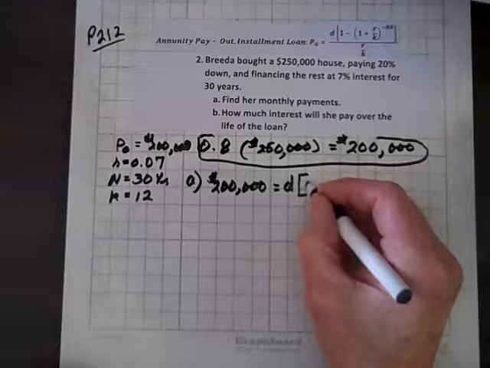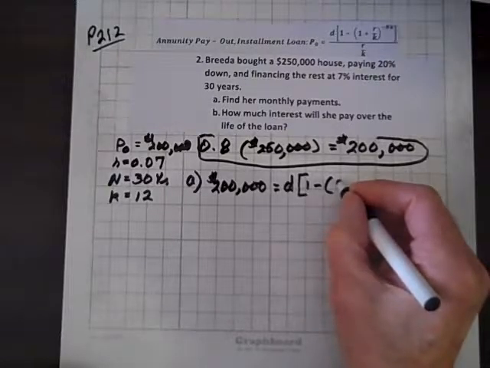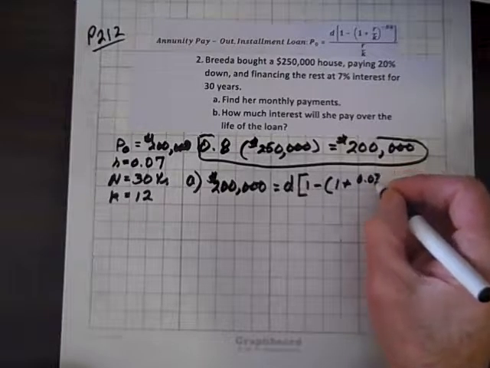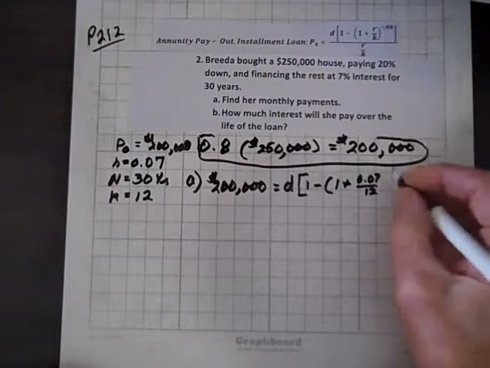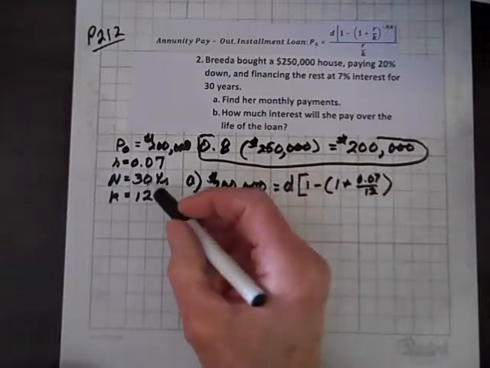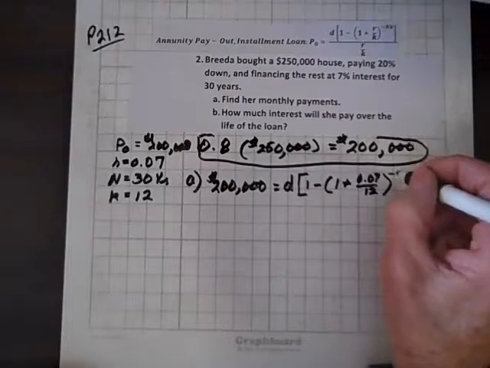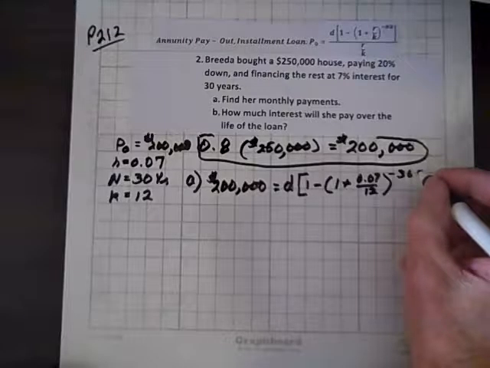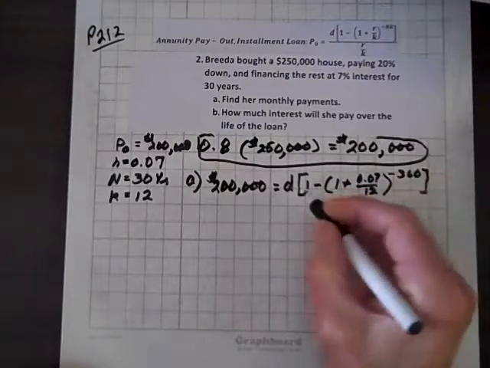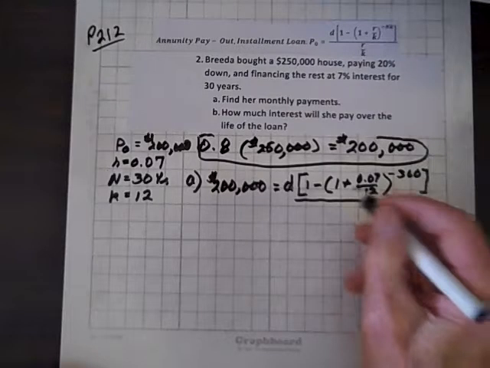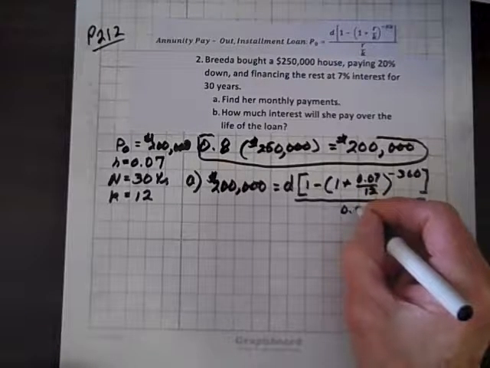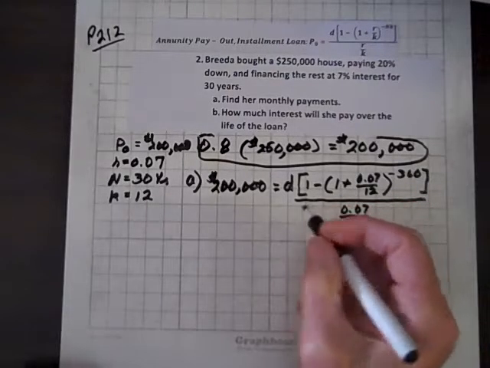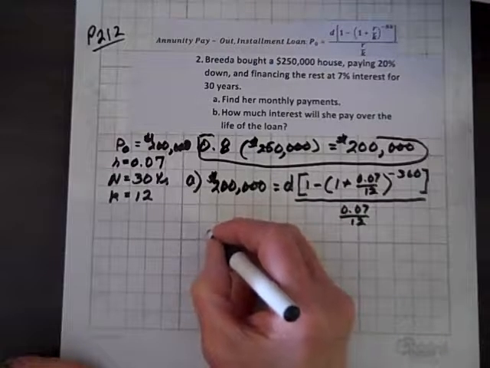So bracket times 1 minus, and parentheses 1 plus the rate 0.07 over the number of payments, which is 12, raised to negative NK. 30 times 12 is 360, and we close with a bracket, and we divide by 0.07 over 12.